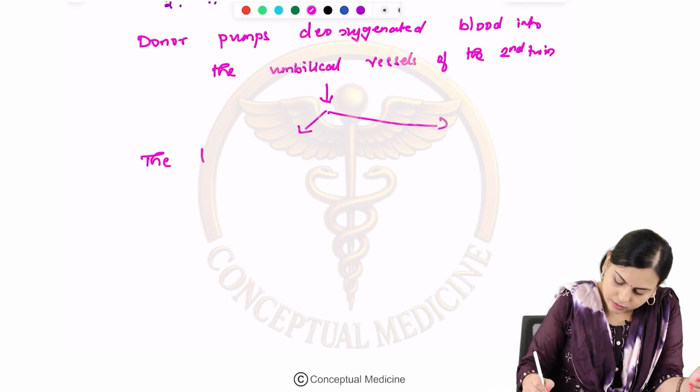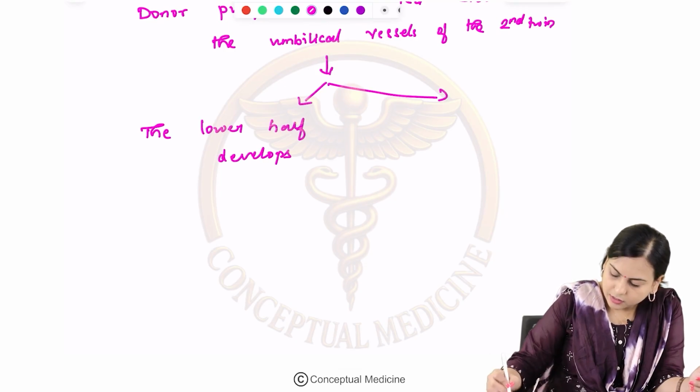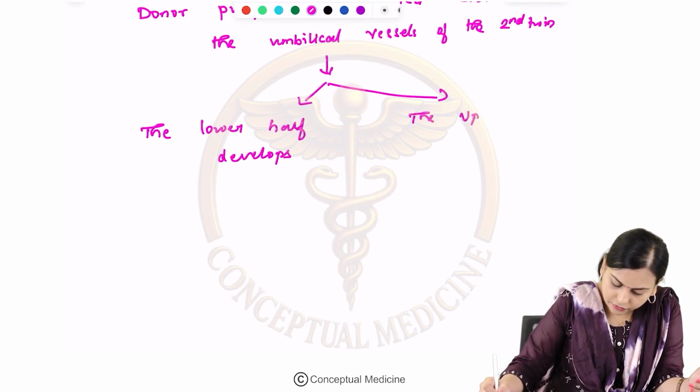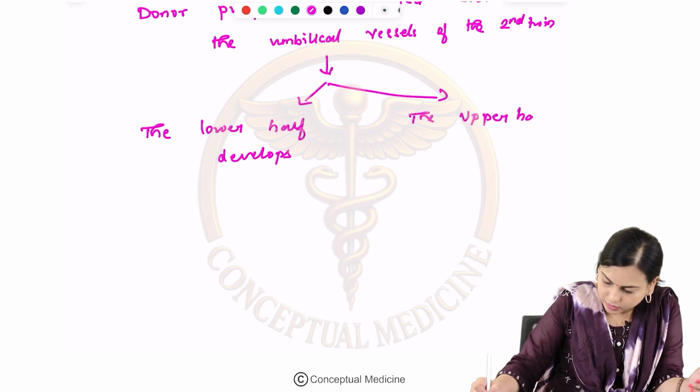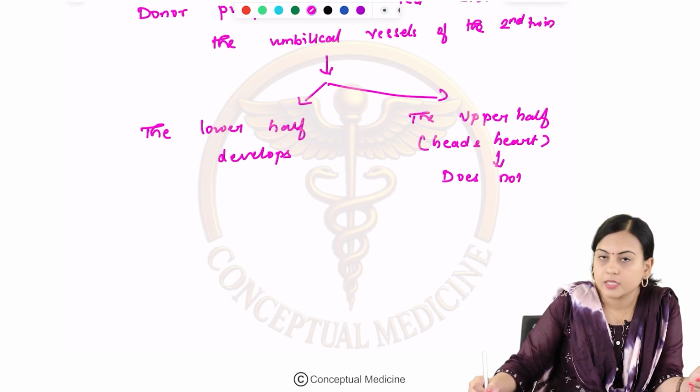The lower half develops, whereas the upper half including head and heart does not develop normally.